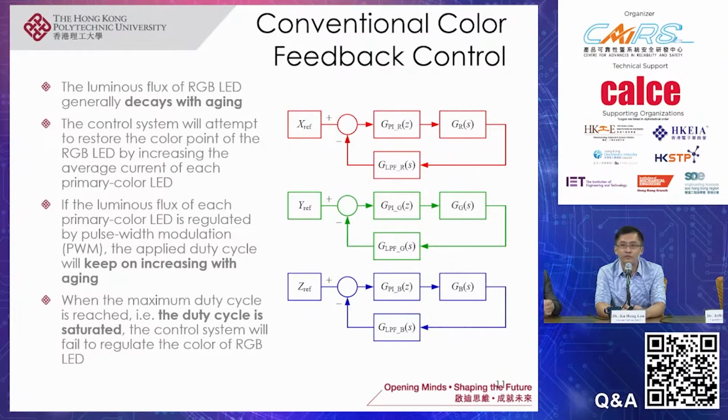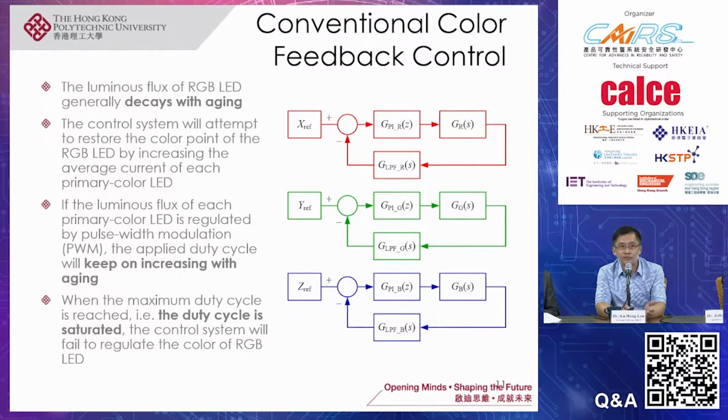Another consideration is that if the duty cycle is allowed to increase beyond a certain level, the LED may suffer from overheating, and that may accelerate further degradation. Therefore, we typically set a maximum duty cycle to which the LED can be driven.